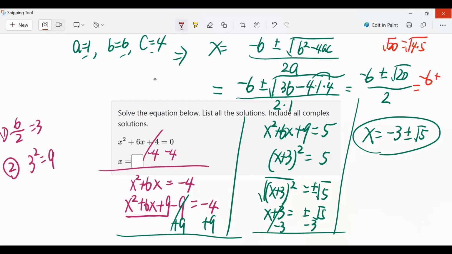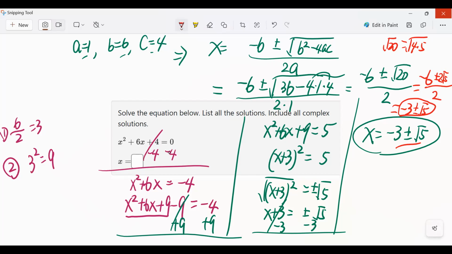So minus 6 plus or minus 2 radical 5 over 2. If you simplify, negative 6 over 2 is minus 3, and then cancel the 2, you get plus or minus radical 5. You see, that's the same solution here. But it's totally up to you.